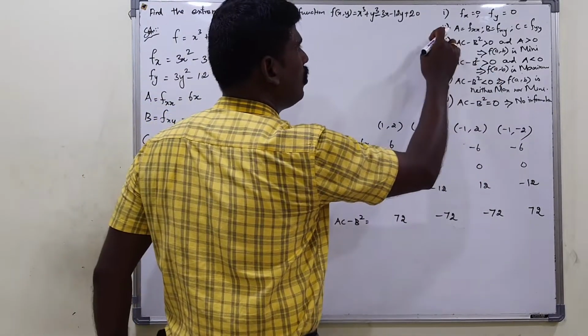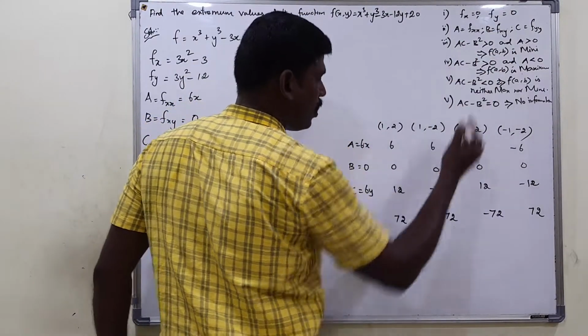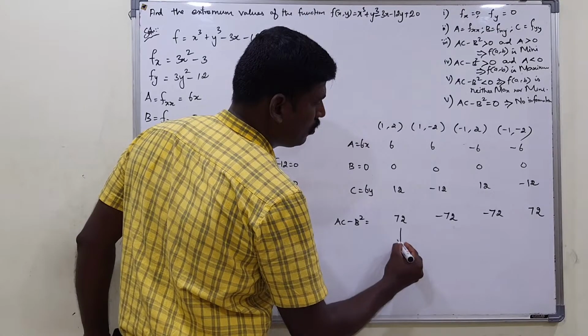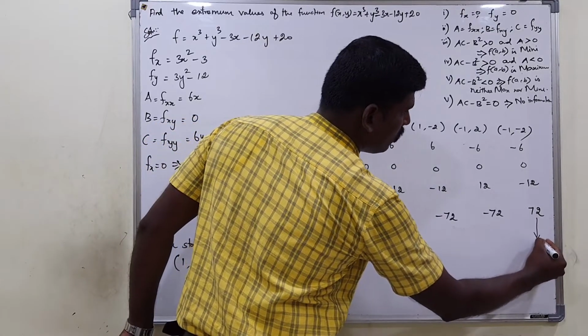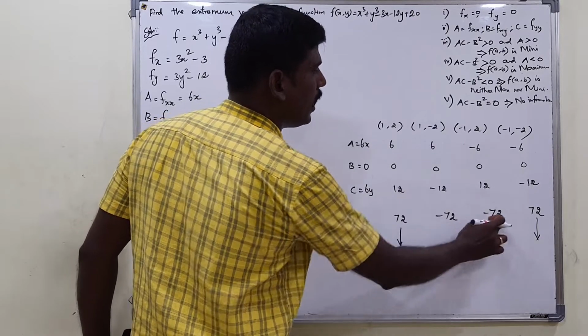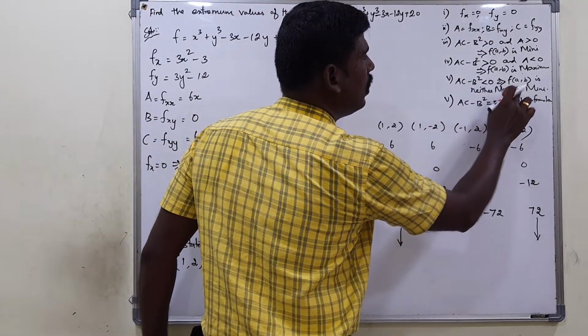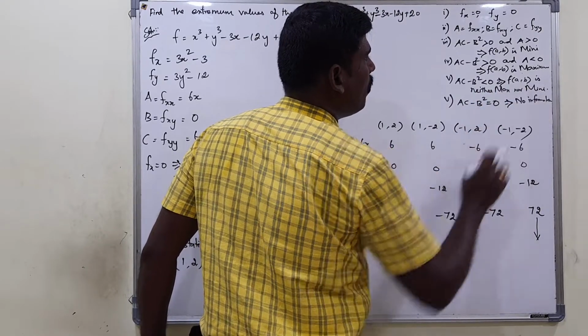Now let us come to the conclusion. If AC minus b square is positive: here it is positive, here also it is positive. If it is negative, AC minus b square is negative among these 2 points. So if AC minus b square is less than 0, then the point is neither maximum nor minimum.